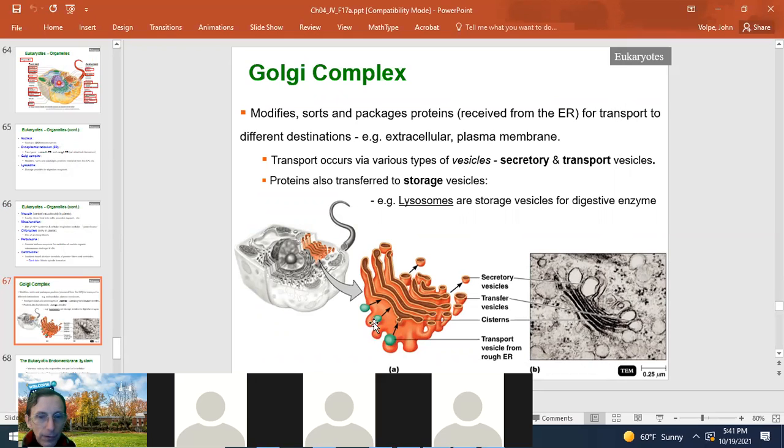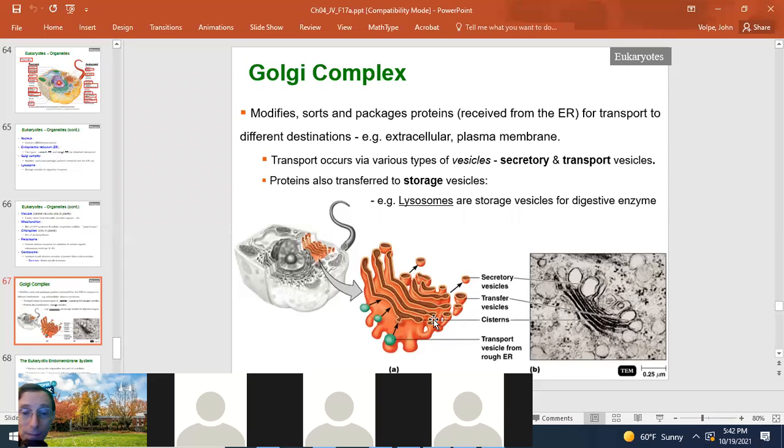The vesicles, which are shown in green, are arriving from the ER, especially the rough ER, because that makes the proteins. The vesicle then fuses with the Golgi complex, and that releases the proteins inside the Golgi complex. That would be one, right here, fusing to the Golgi complex. You can barely see that. These are actually leaving the Golgi complex.